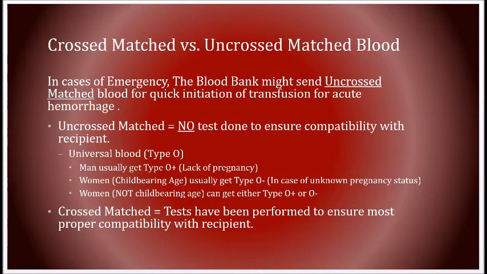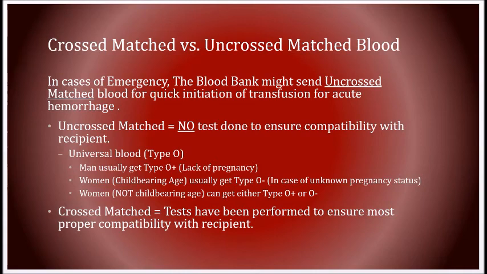Now, it gets a little more complicated when it comes to the Rh factor. If you have a trauma patient, a female, for example, 30 years old, who was involved in a motor vehicle accident, and you see obvious signs of bleeding, hypotensive, tachycardic, all those signs of shock, right? For females of childbearing age, we want to make sure we give them O negative.